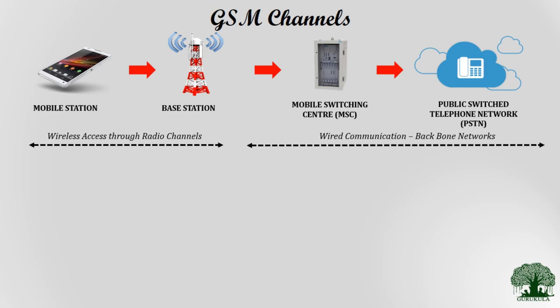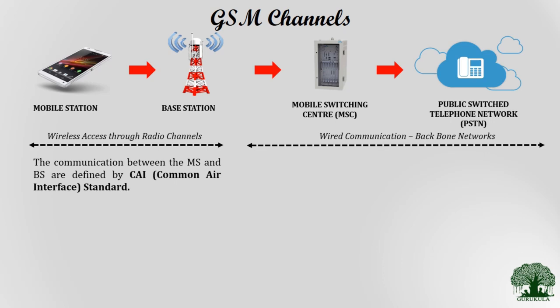So when a mobile station is interfaced with the base station wirelessly, there are certain standards which define how this channel has to be, and that standard is specified by the Common Air Interface, that is the CAI standard. So what is the CAI standard?